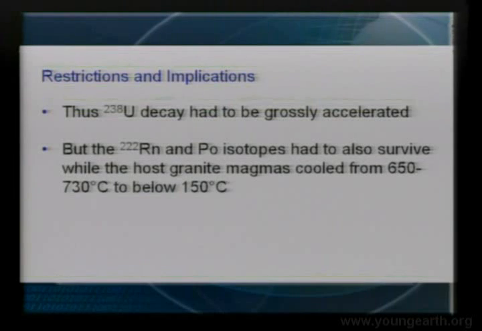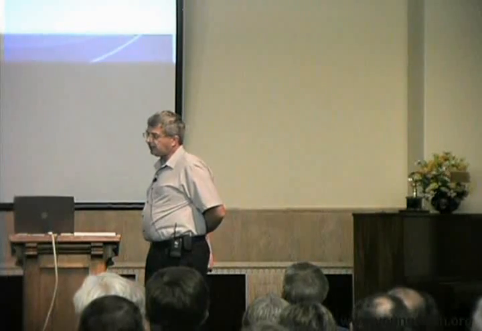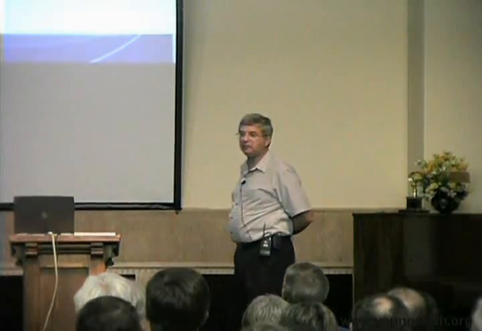But here's the next step. The granite has the uranium and the zircon in it earlier on as it's molten at temperatures of 650 up to 730 degrees. It has to survive while the granite cools to below 150 degrees before the water transporting the polonium and the radon can produce the polonium radiohalos.